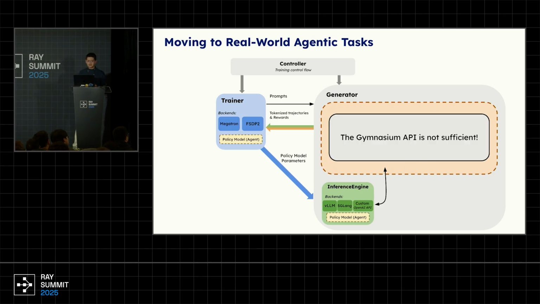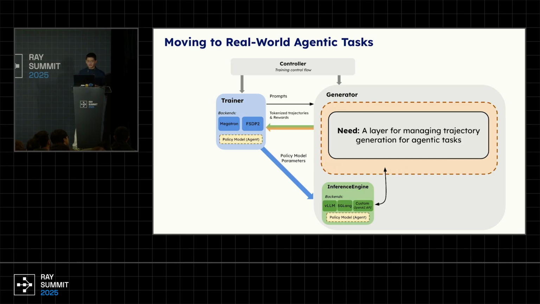So in summary, the Gymnasium API, according to us, is not enough for these real-world agentic tasks, and we want to move beyond that. We want this layer to manage trajectory generation overall, taking into account both the environment and orchestration, and we've built this agent layer in SkyRL as well.